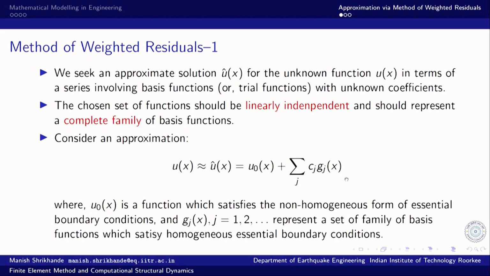Once the coefficients are evaluated, those can be plugged back into the assumed functional form, and that provides the basic approximation. Now, the quality of approximation can of course be improved by increasing the number of terms in the series.